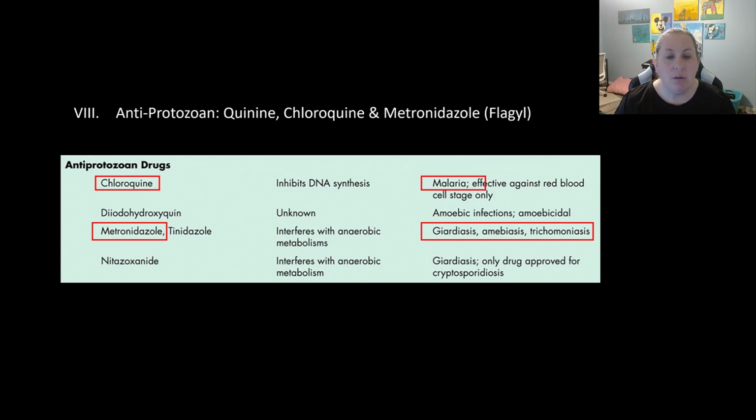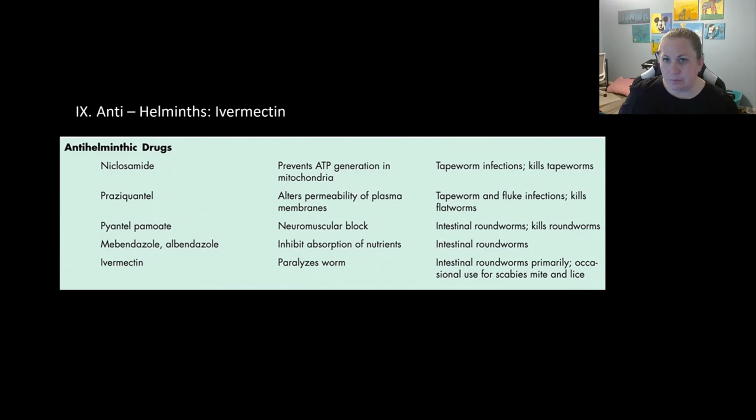And so we do see chloroquine is one that could fight that. Another one is metronidazole, which is going to help against the Giardia type of infections. These guys are mostly going to be ones who affect your digestive system. And so this medication is going to help with that. And so these are just, again, some examples that we're seeing for the antiprotozoans.